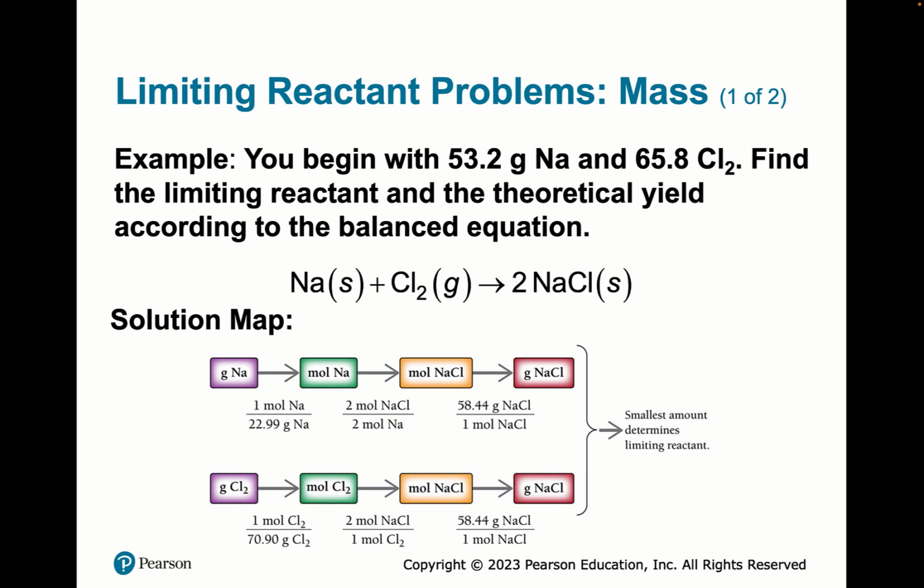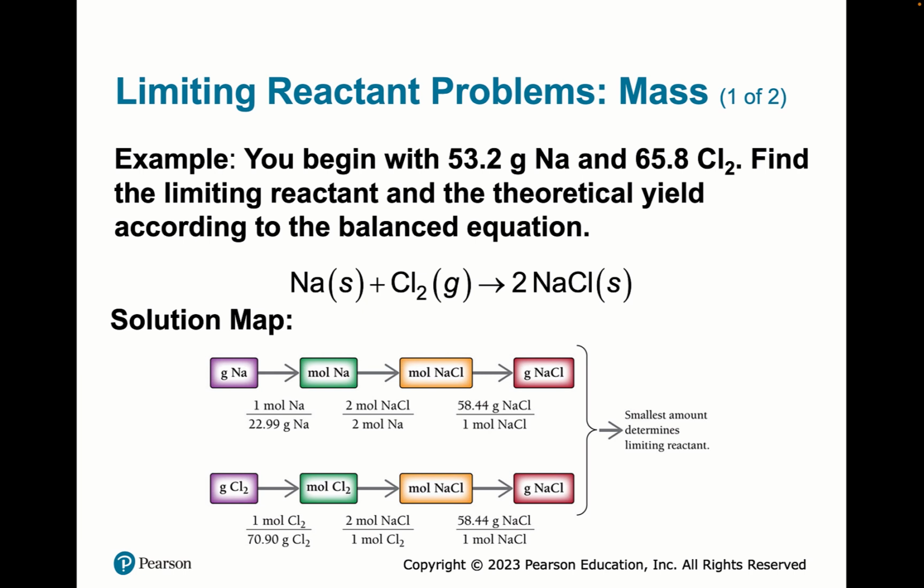Here's the solution map. We have to start with the mass of sodium, then convert to moles of sodium, then do the ratio, which isn't listed with the 2 in front, but it's 2 to 2, and then multiply by the molecular weight of sodium chloride. Same idea with the chlorine, but the middle step is different.